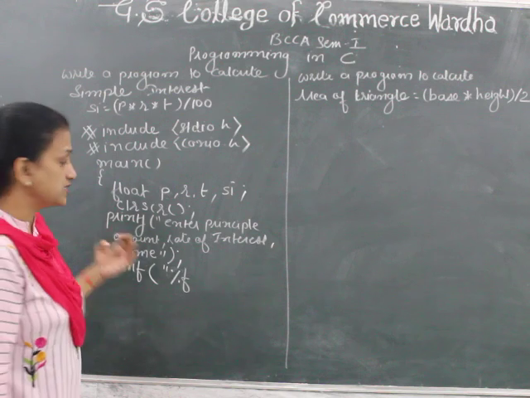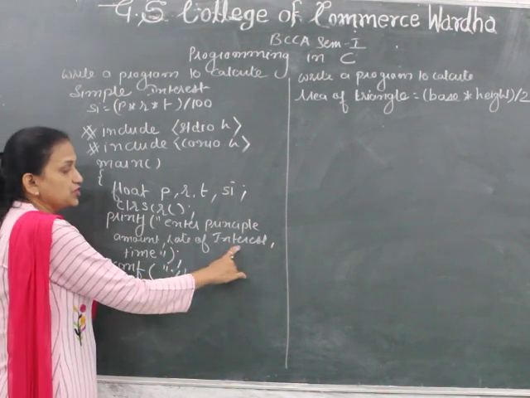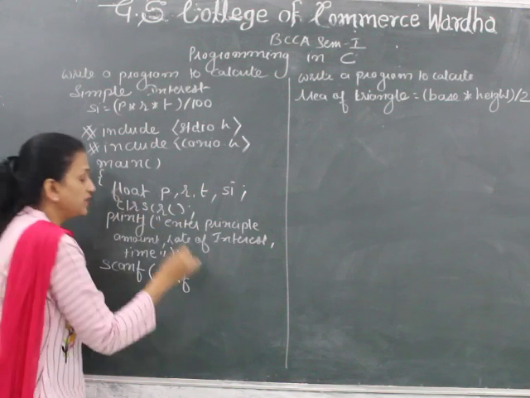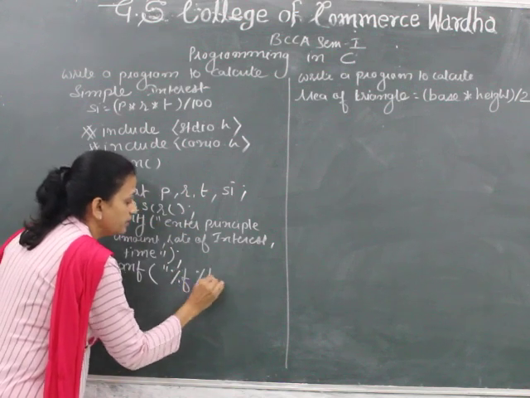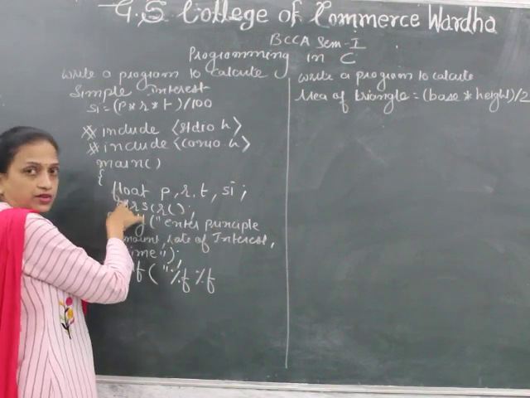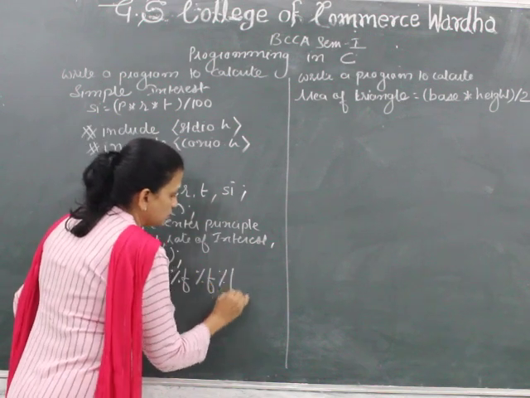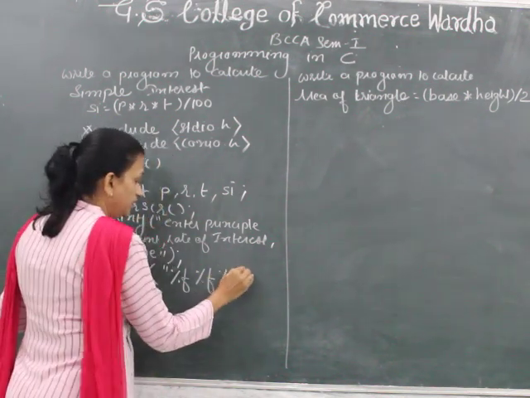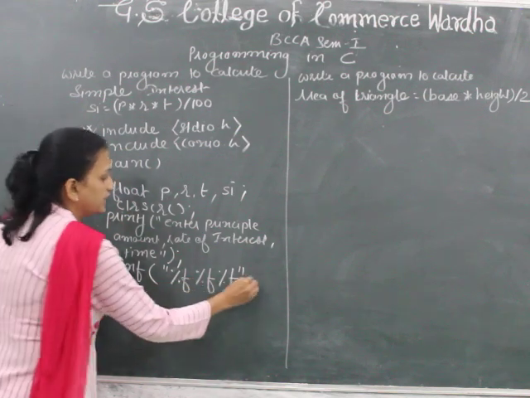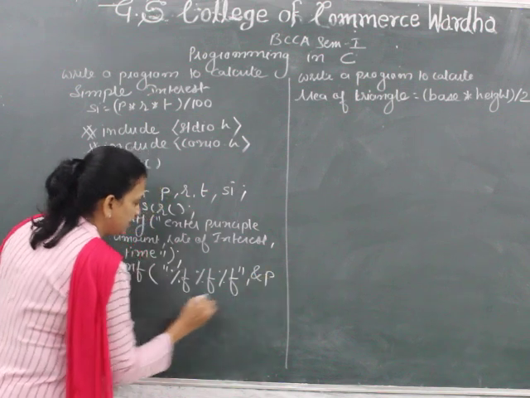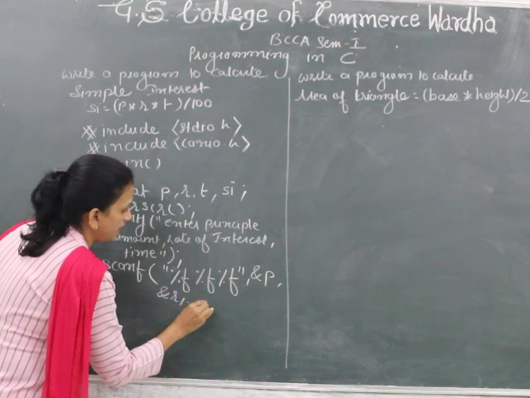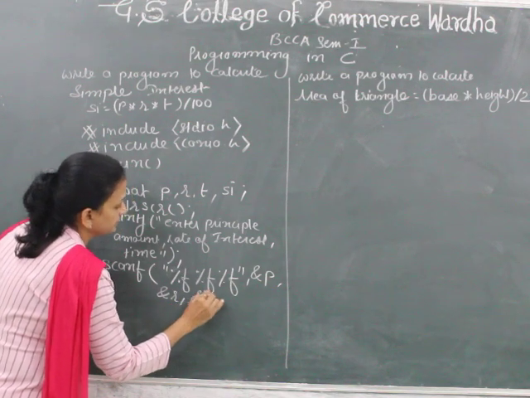For rate of interest we declared variable R, of float type, so again %f. Time T is also of float type, so we use %f as a control string. The first value is stored in variable P, second is R, and third is T.